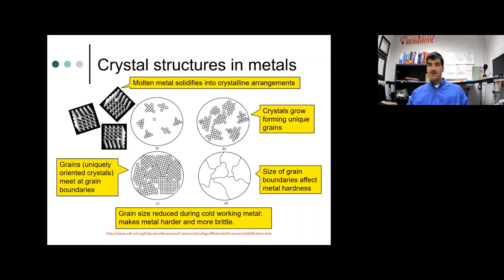The grain boundaries are really important to the mechanical properties, and particularly the size of the grains, because these lattice structures, say here and here and here, grow at just random orientations.